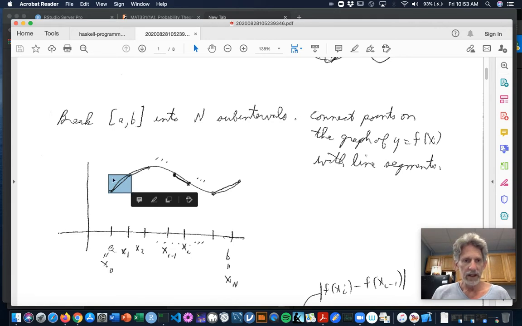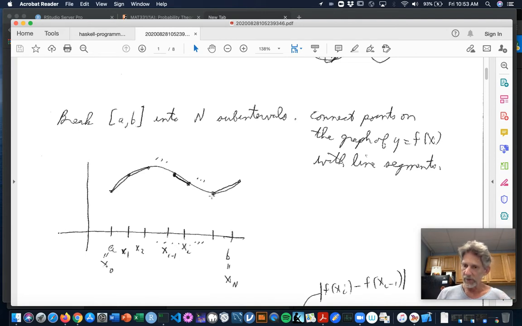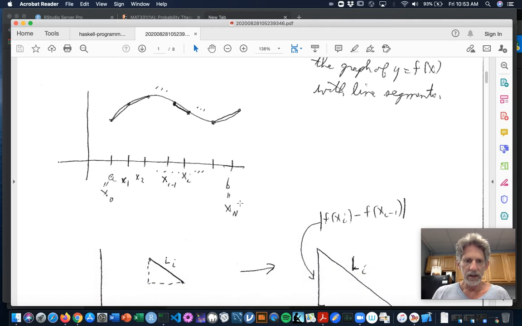And the more intervals you have, the less departure there will be. So maybe what you could do is add up those line segment lengths. Line segment lengths we can find. Add them up, and that should be approximately the arc length of the curve. So that's going to be our basic idea here.